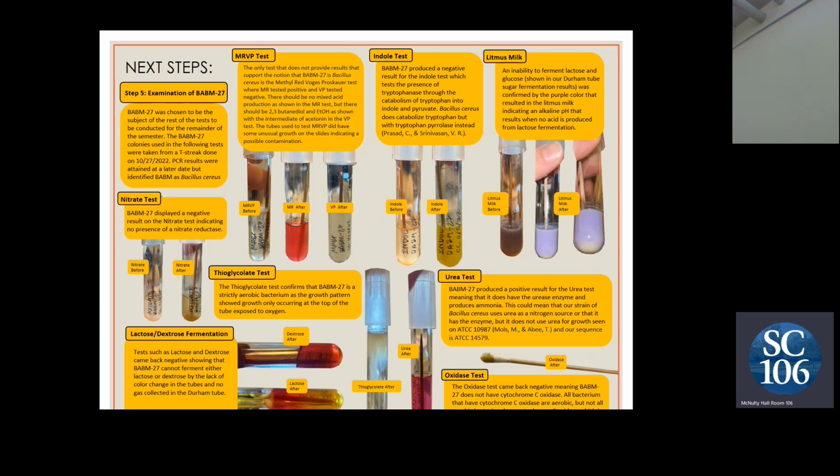And our MRVP test is where we believe there are some errors, because our MR test came back positive and our VP test came back negative, when in reality, within our research, we found that Bacillus cereus should obtain a negative result for our methyl red test and a positive result for our VP test, indicating that our bacteria should have produced elements such as 2,3-butanediol and ethanol instead of mixed acids.